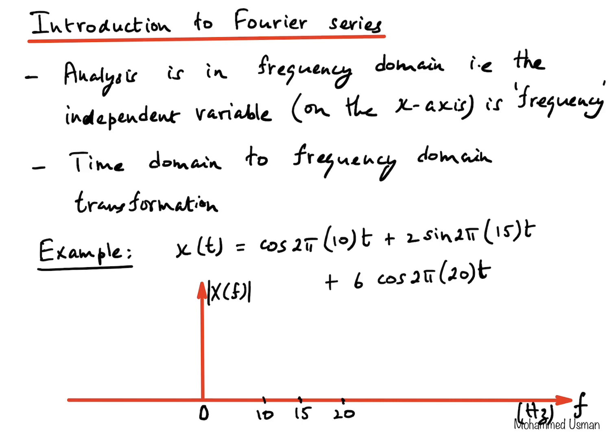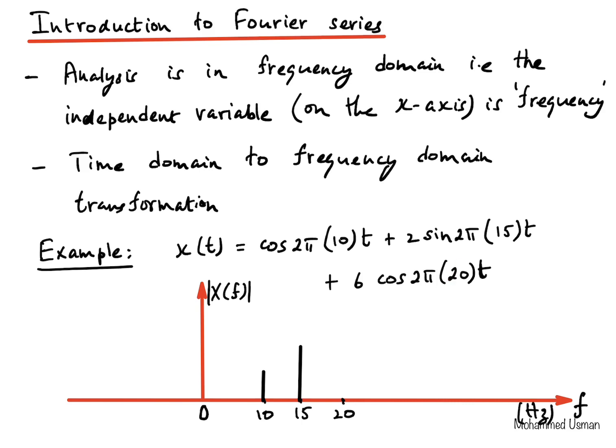Now at 10 hertz the magnitude is 1, so we will make an impulse here of height 1. Let me use black color for that. At 15 hertz we have a magnitude of 2, so on the frequency axis at the point of 15 hertz, we are going to have an impulse of height 2, which is double the height 1.